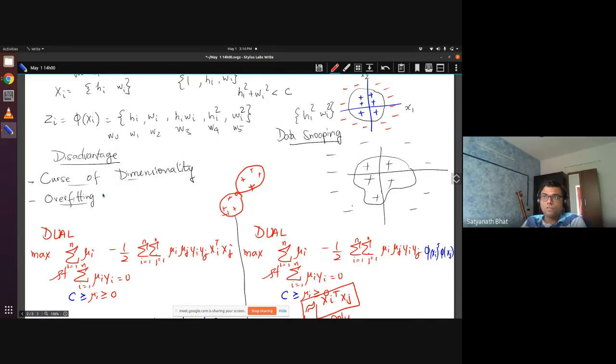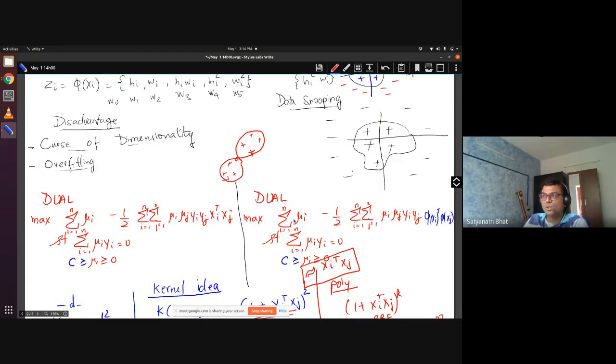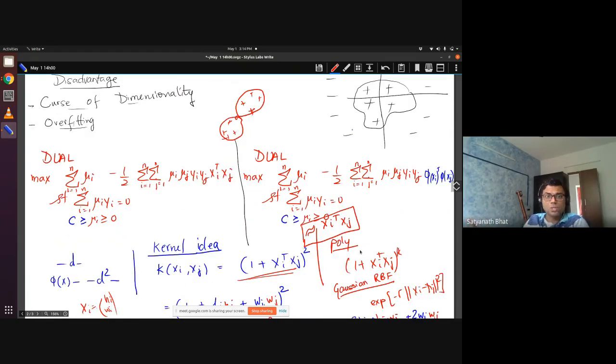But if the number of support vectors is small, you are just learning the support vectors themselves, which is much fewer than d square. So there are multiple ways in which you can rationalize. To prove it, you have to sit and go through the proof. I'm just telling you the intuition because the proof is beyond the course. But I don't know, Siddharth, whether this makes sense or not.